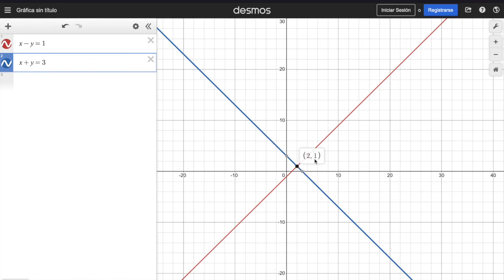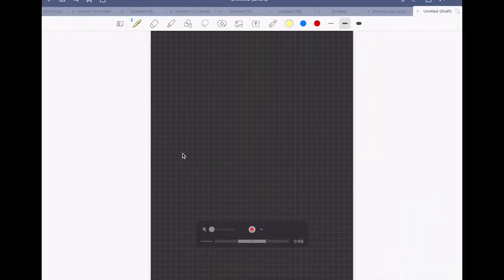You see, 2, 1. So if you have to verify graphically that a system of two linear equations in two variables has solutions or not, you can do it here with this web page, Desmos. It's highly recommended.